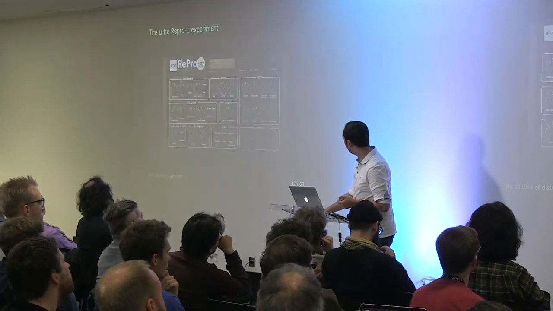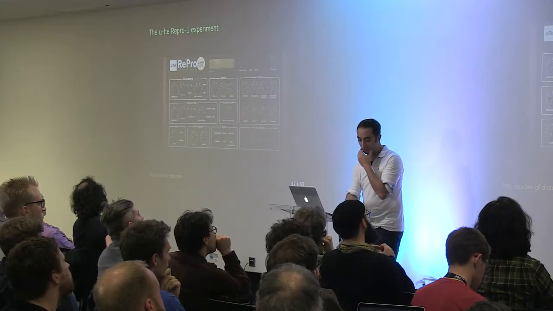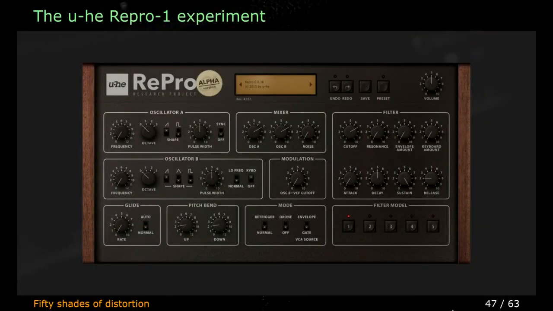And this is a plugin from UH which was very interesting, because when they designed it, they provided an alpha version of the plugin to the Kvraudio community, and you had the possibility to try different versions of the filter modeling engine without knowing exactly what they did.